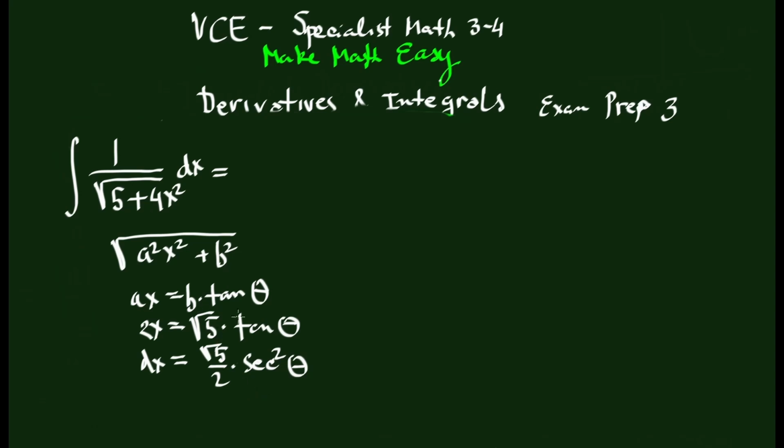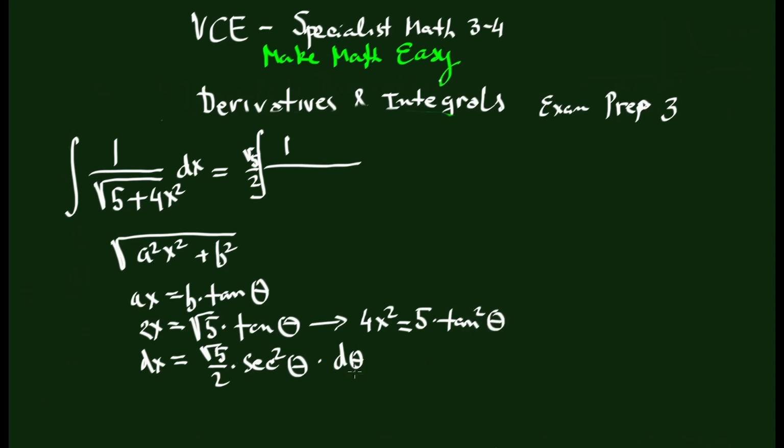So if you now plug that into our integral, it will look like 1 over, from here we will have that 4x squared equals 5 times tangent squared of theta. So we can put that under the square root.